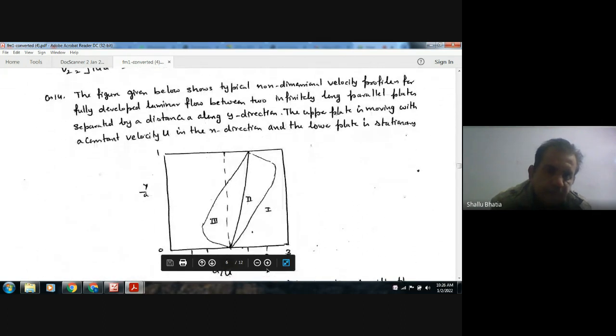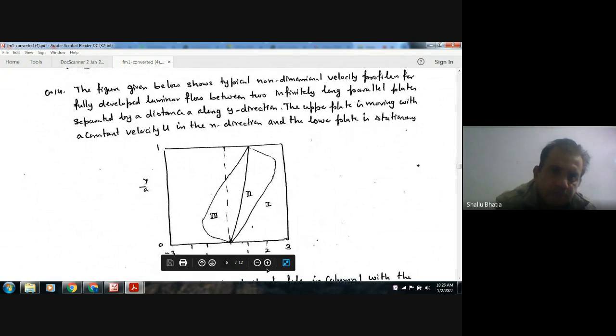Next, the figure given below shows typical non-dimensional velocity profiles for fully developed laminar flow between two infinitely long parallel plates separated by a distance along the y direction. The upper plate is moving with a constant velocity u in the x direction and the lower plate is stationary.